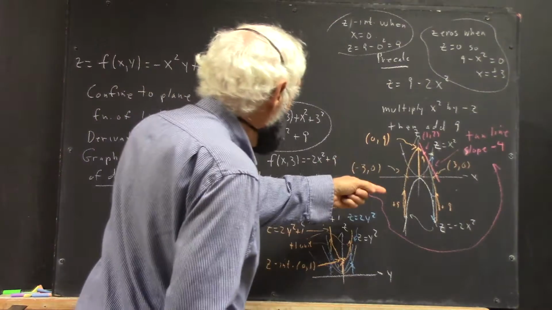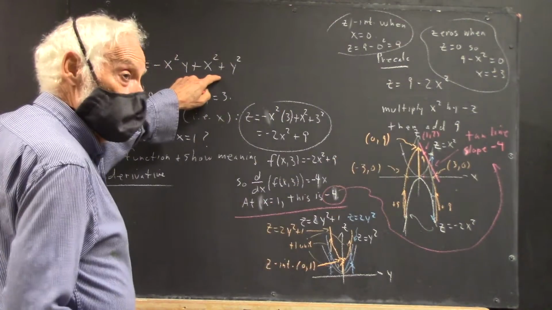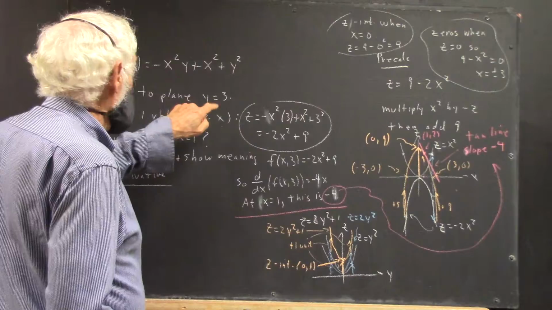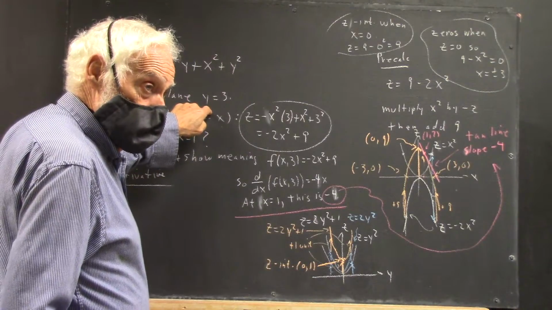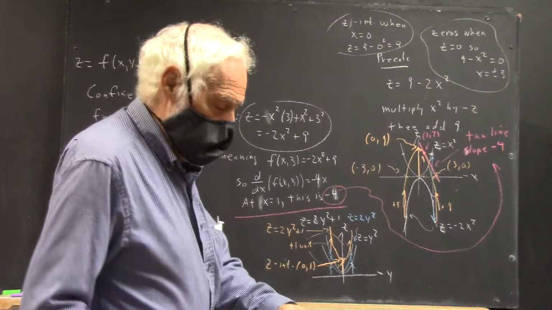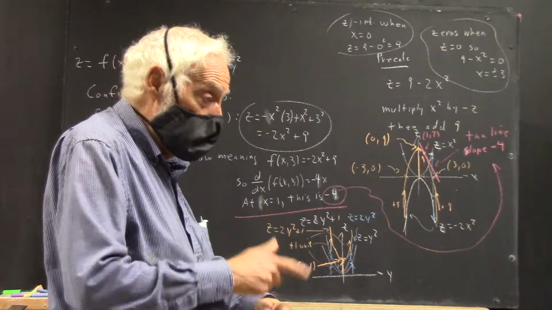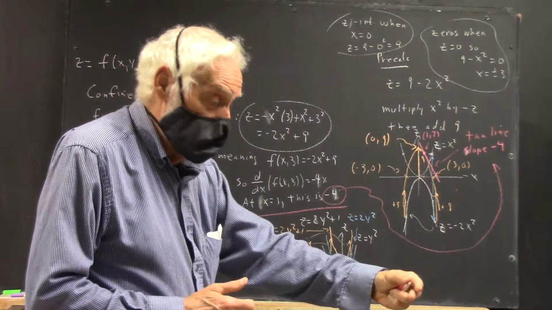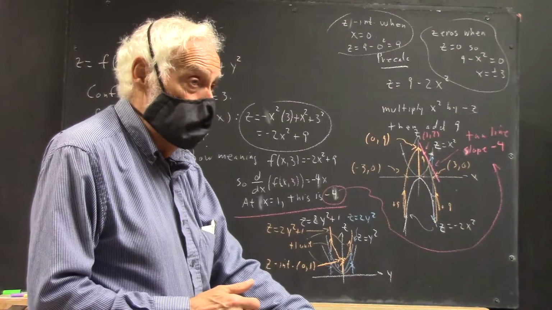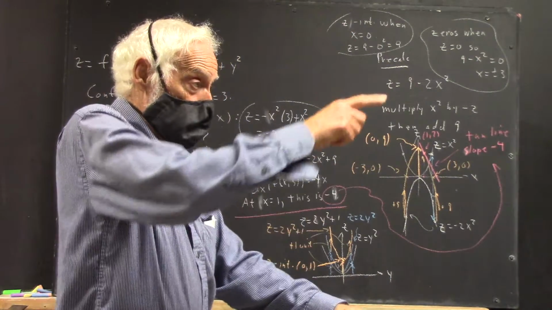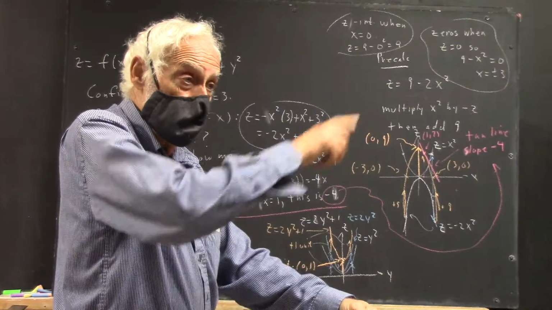Well, there's the picture. That's this function confined to the plane y equals 3. Now, in 3 dimensions, if this is your x-axis, y-axis, and z-axis, you're in the plane where y equals 3. That would be out here. So you go into this plane, and now you've got this upside-down parabola.